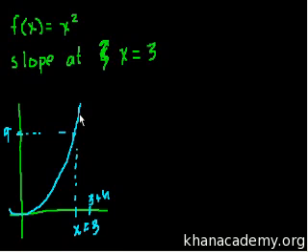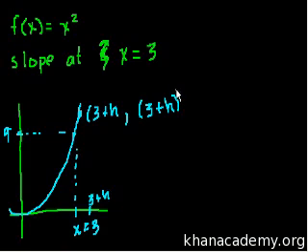And this point right here is 3 plus h squared, because the function is f of x equals x squared. So this point is (3 plus h, 3 plus h squared), because we just take 3 plus h and put it into x squared. And this point here is, of course, (3, 9).